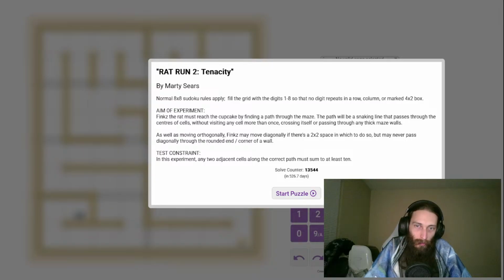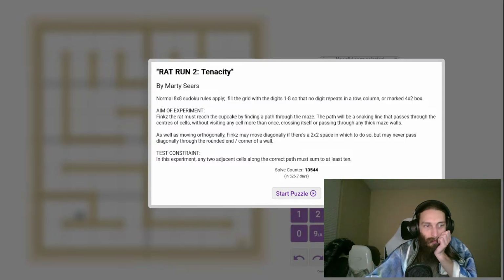The path will be a snaking line that passes through the centers of cells without visiting any cell more than once, crossing itself, or passing through any thick maze walls. As well as moving orthogonally, Finks may move diagonally if there is a 2x2 space in which to do so, but may never pass diagonally through the rounded end/corner of a wall. Test constraint. In this experiment, any 2 adjacent cells along the correct path must sum to at least 10.